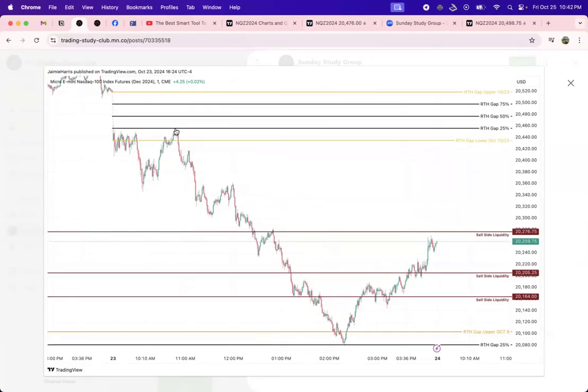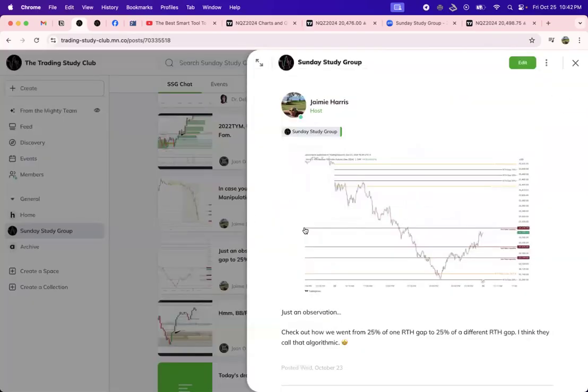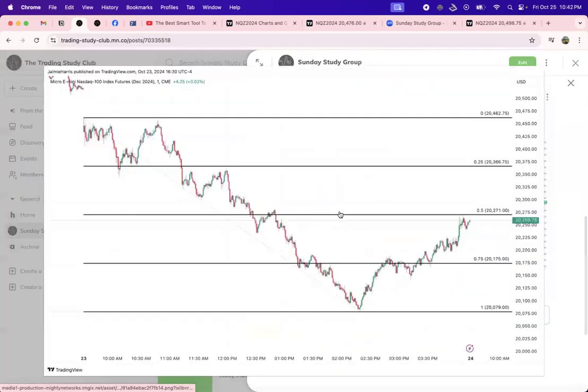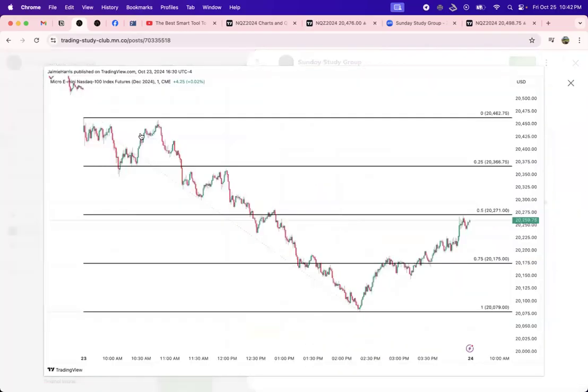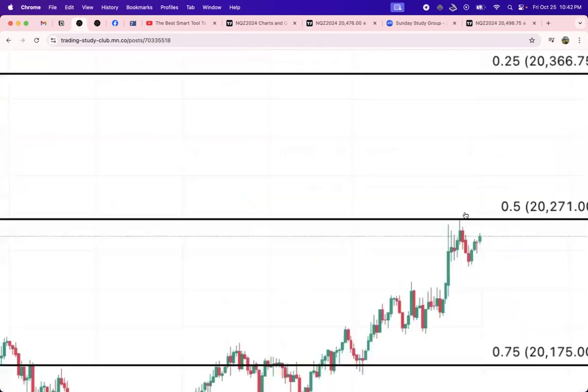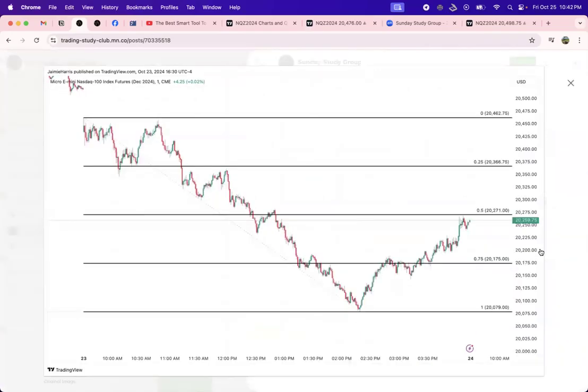It went to 25% of this RTH gap, and it went down to 25% of the October 5th RTH gap. Is that not insane? And then also, on this range, the New York range, when it came down here and hit that 25% of the gap, it retraced up to 50% of the range. Do you understand? That's crazy.